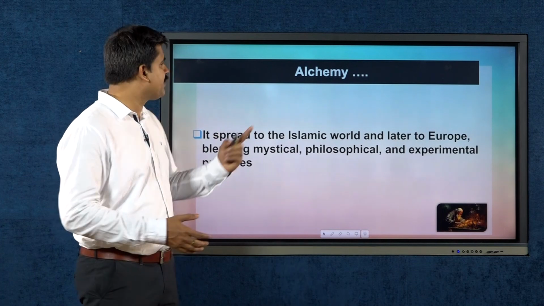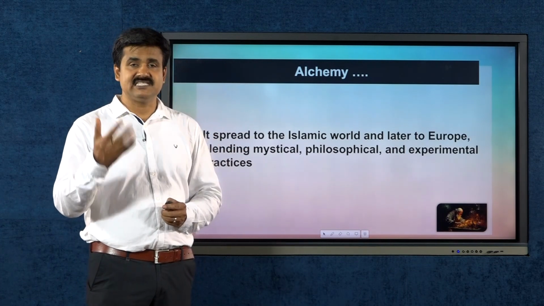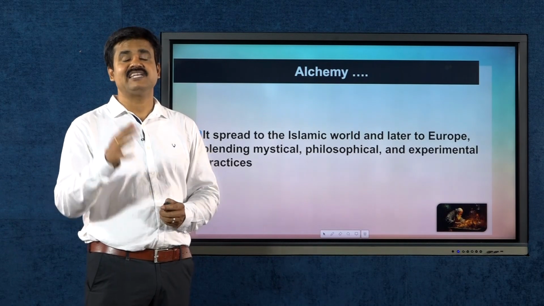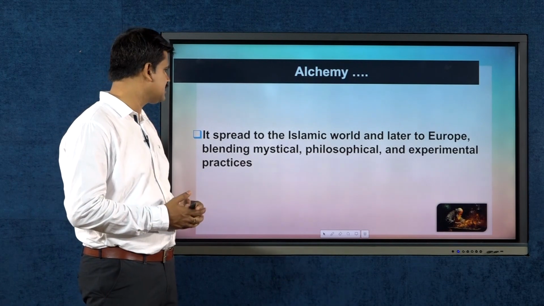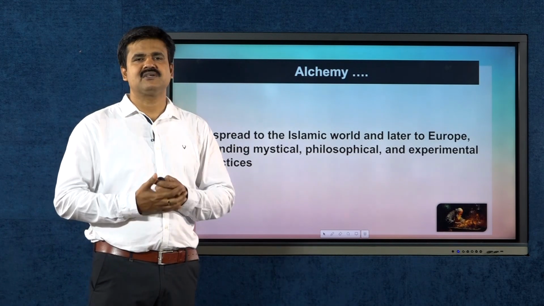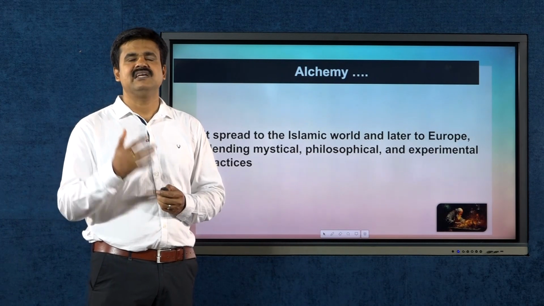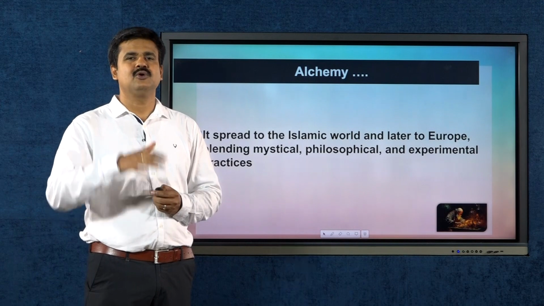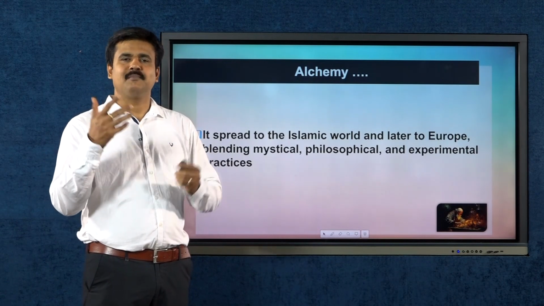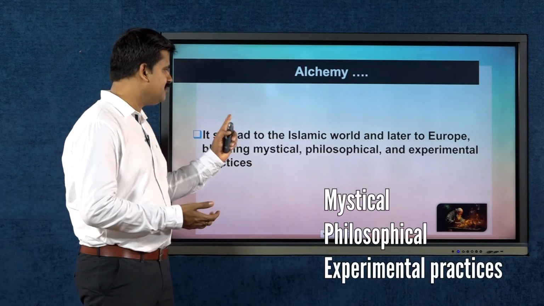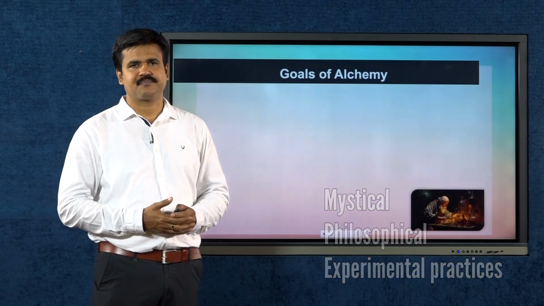Alchemy spread into the Islamic world. It began in Egypt, spread to the Islamic world, and then spread to European countries, blending together mystical concepts, philosophical concepts and experimental practices. So, during the developmental stage of alchemy, three components were blended together: mysticism, philosophy and experimentation.